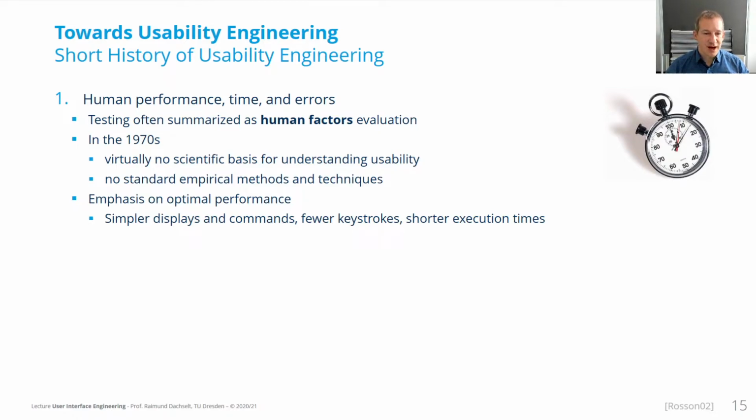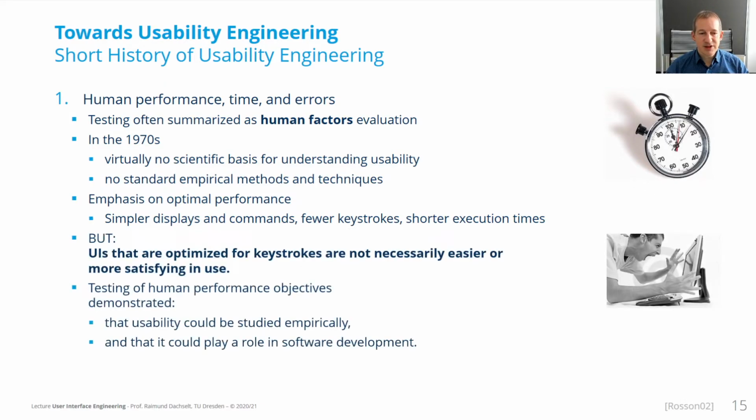So this was the starting point where at least such things were developed, and where interfaces, because the mouse was not existent back then or not used commercially, were optimized for keystrokes, and they were certainly not optimized for satisfaction or ease of use.